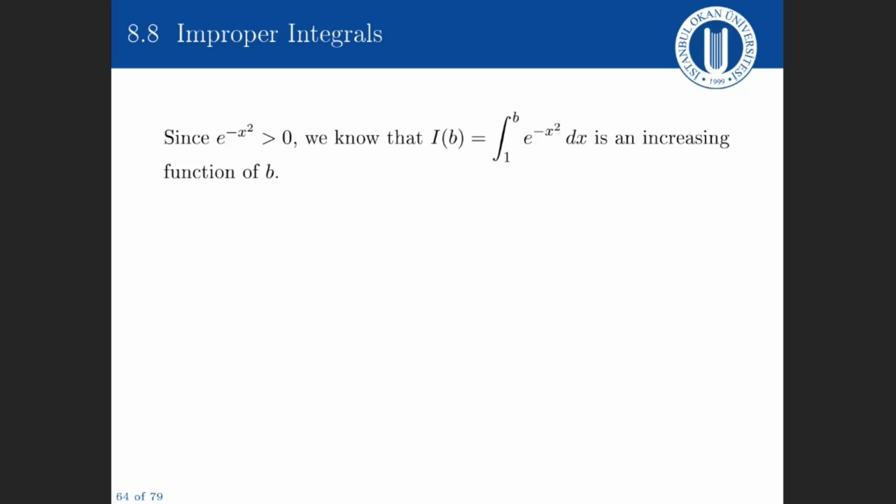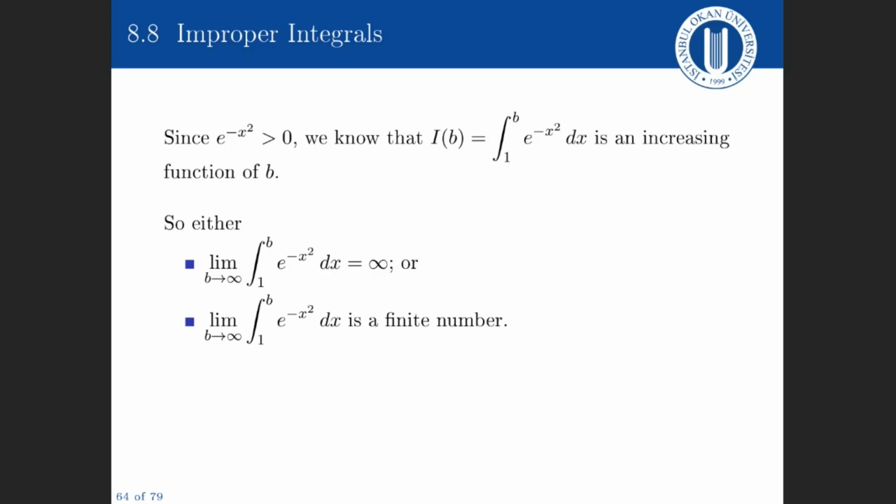What we can say is, because e to the power minus x squared is always positive, I of b, that's the integral between 1 and b of e to the power minus x squared dx, is an increasing function of b. When b gets bigger, this integral gets bigger because the integrand is always positive.